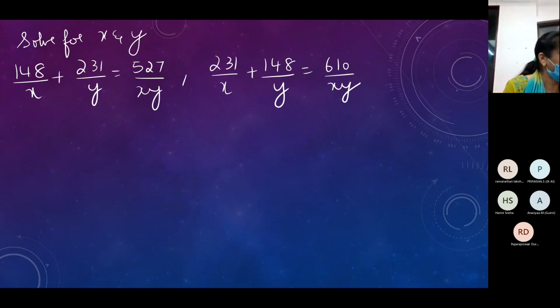What are the equations? Forgot to write x here. 231x. You started it correctly. Now how to solve?